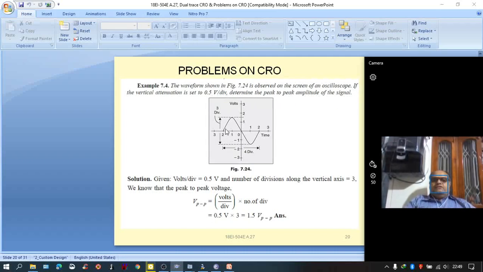As you can see, peak-to-peak amplitude means we have to look in the vertical direction. So it is taking 1.5 divisions up and 1.5 divisions down. So put together, V peak-to-peak occupies 3 divisions, and each division corresponds to 0.5 volts. So 3 divisions correspond to 1.5 volts. So the peak-to-peak voltage of the signal applied to the CRO is 1.5 volts.